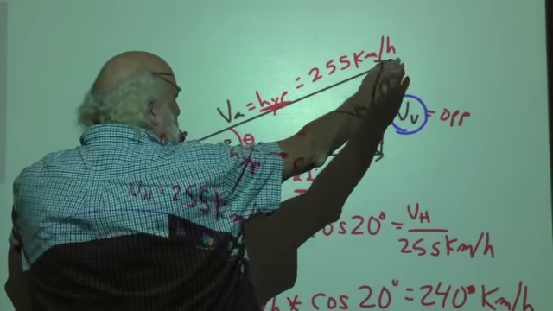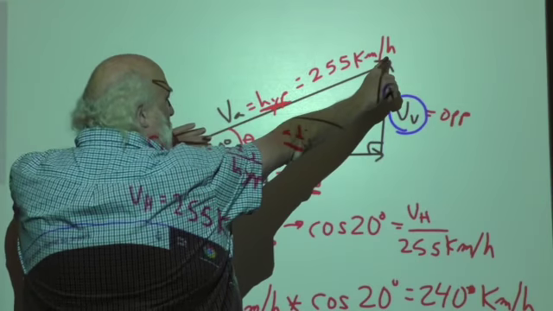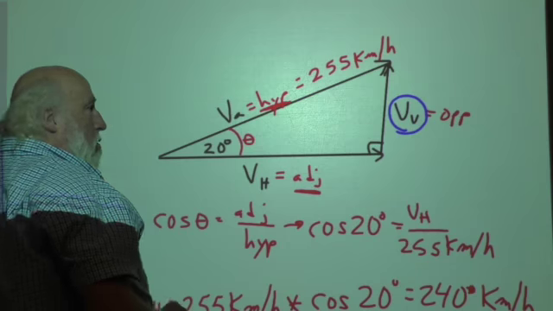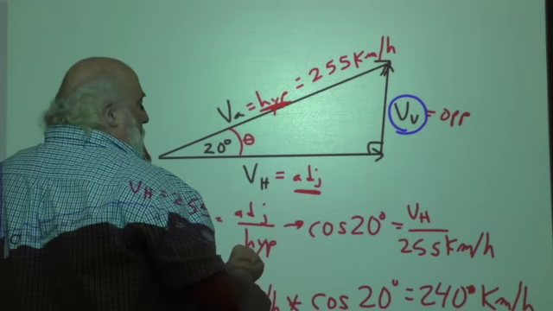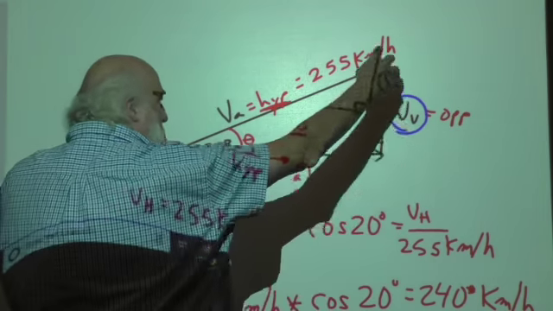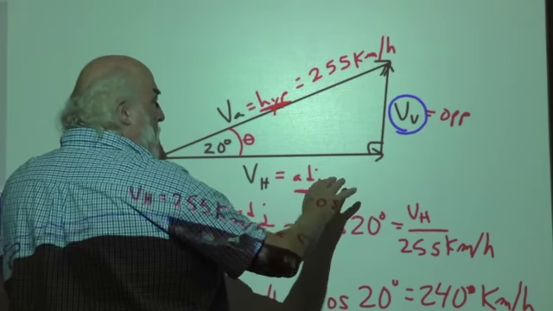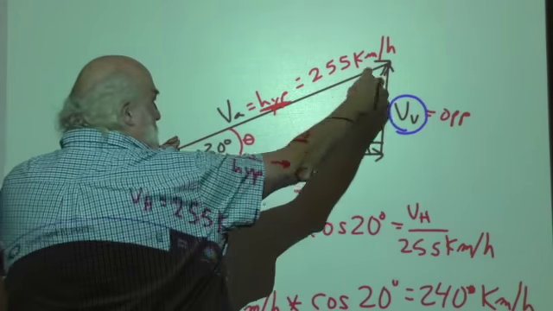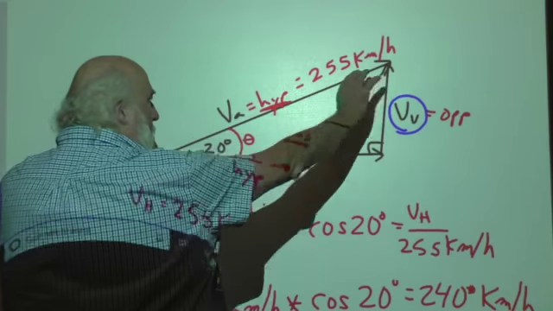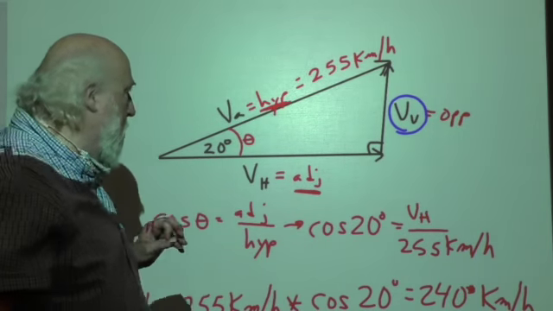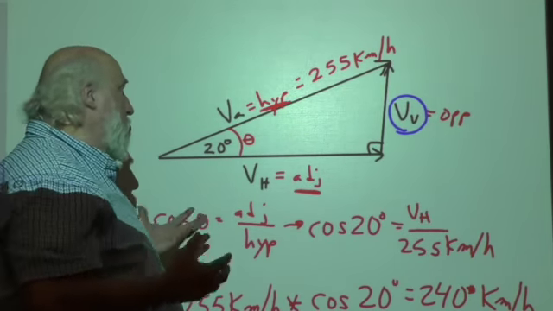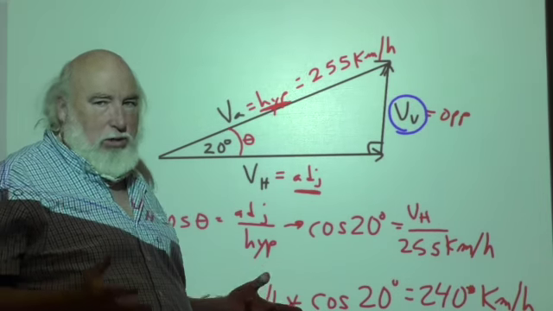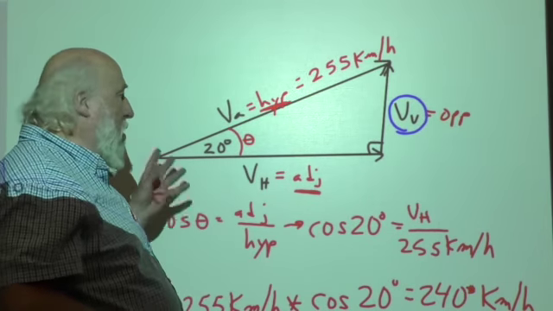The plane's taking off this way with a 255 kilometer per hour velocity. And the two components to that are the vertical velocity and the horizontal velocity. Because these two vectors are perpendicular to each other, we create this right triangle. Now, because it's a right triangle, we can use some basic trigonometry if we identify the various parts.